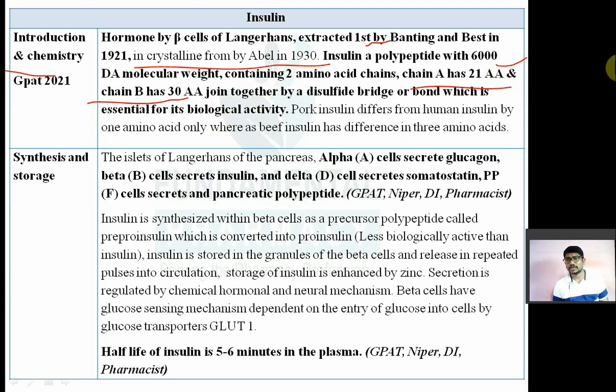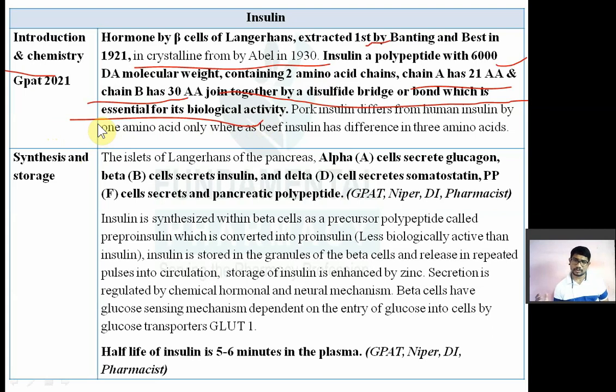These two chains are joined together by a disulfide bond or disulfide bridge. This disulfide bridge is very important and essential for its biological activity, that is, decreasing the blood sugar level. For that activity, the disulfide linkage between chain A and chain B is very important.